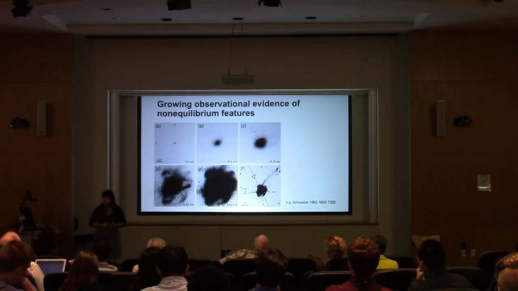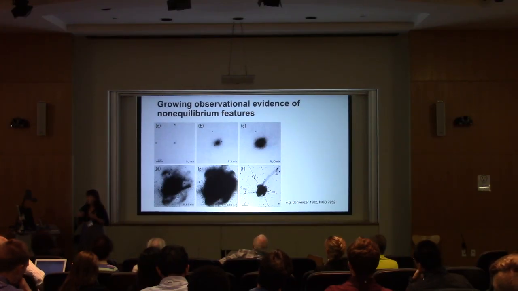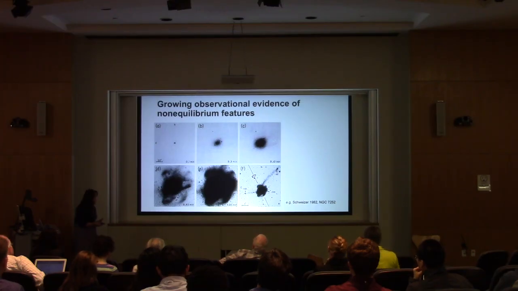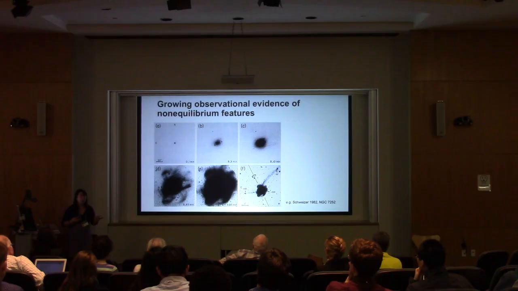Over the years there has also been mounting evidence for non-equilibrium features that could not survive within the age of the galaxies. You can see in NGC 7252, for instance, a lot of asymmetric features and multiple cores, indicating evidence for mergers.